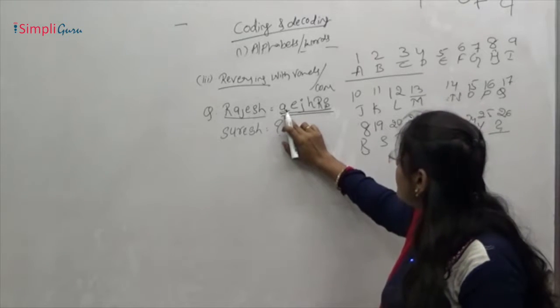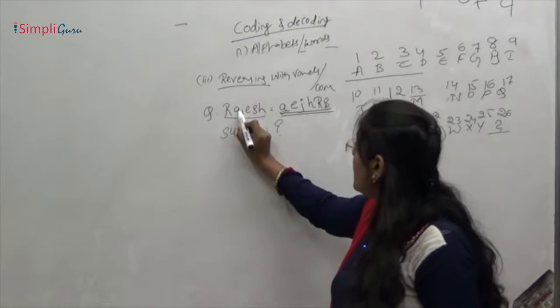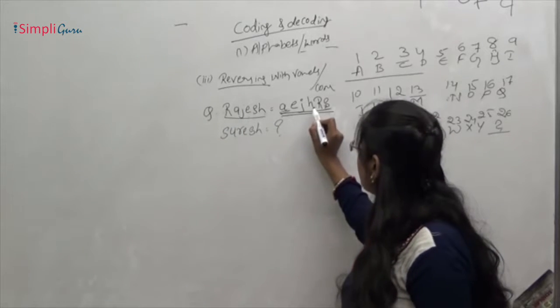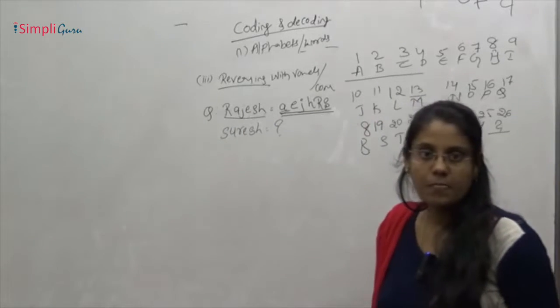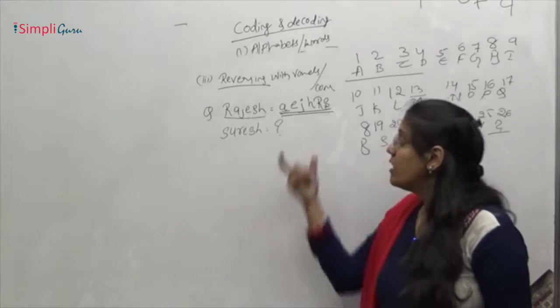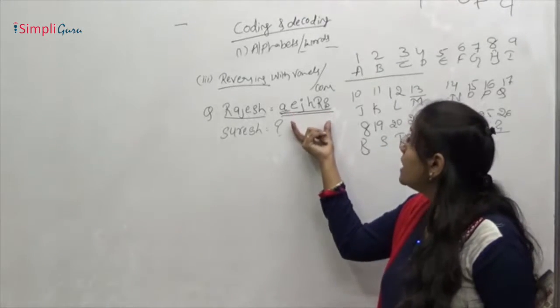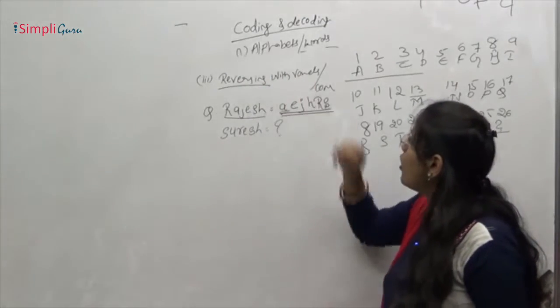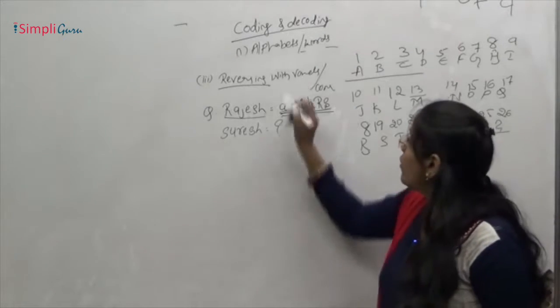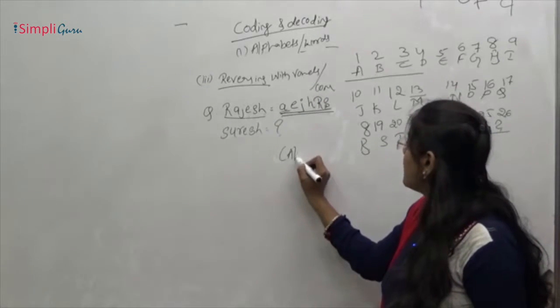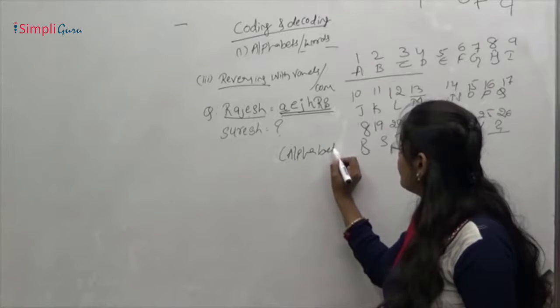See, which is the least alphabet? A. After that E will come, after that J, H, R, S. I can consider it in accordance with the ordering of the alphabet, or with the vowels or consonants.